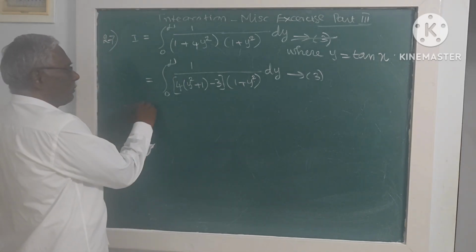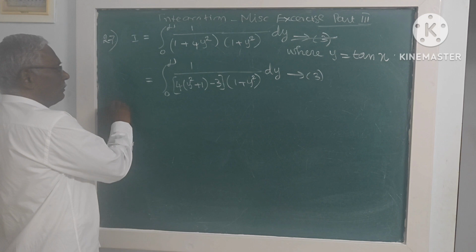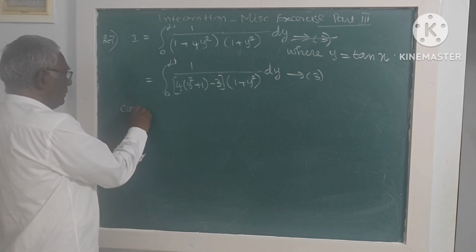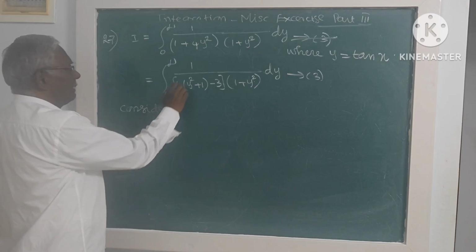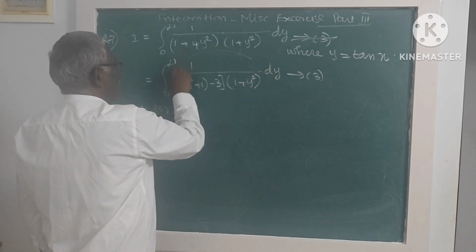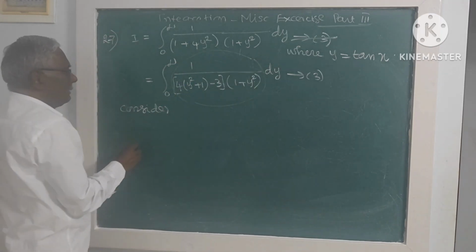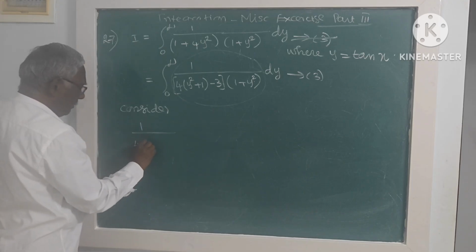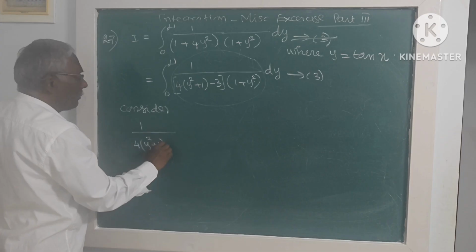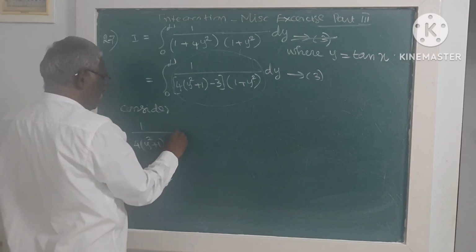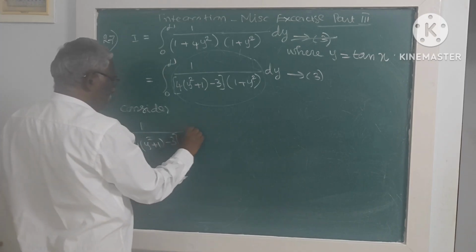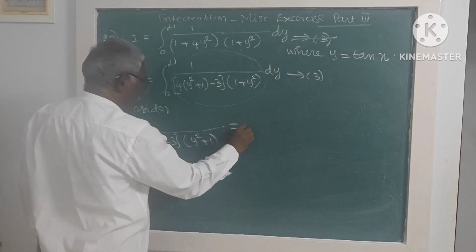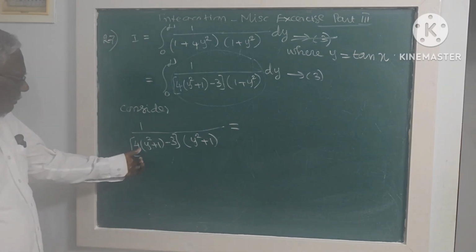Now consider only this portion we are taking: 1 by 4 into y square plus 1, minus 3, y square plus 1. How can we write this now?